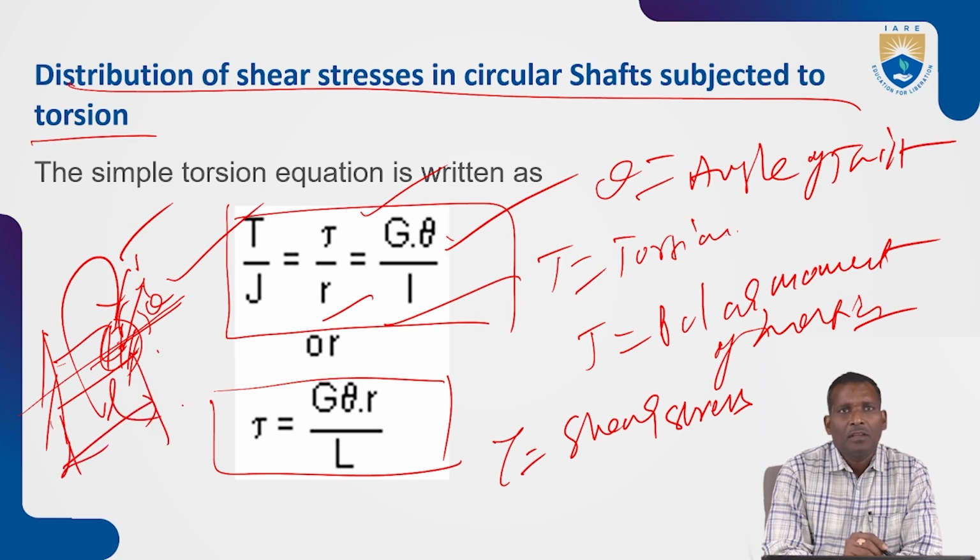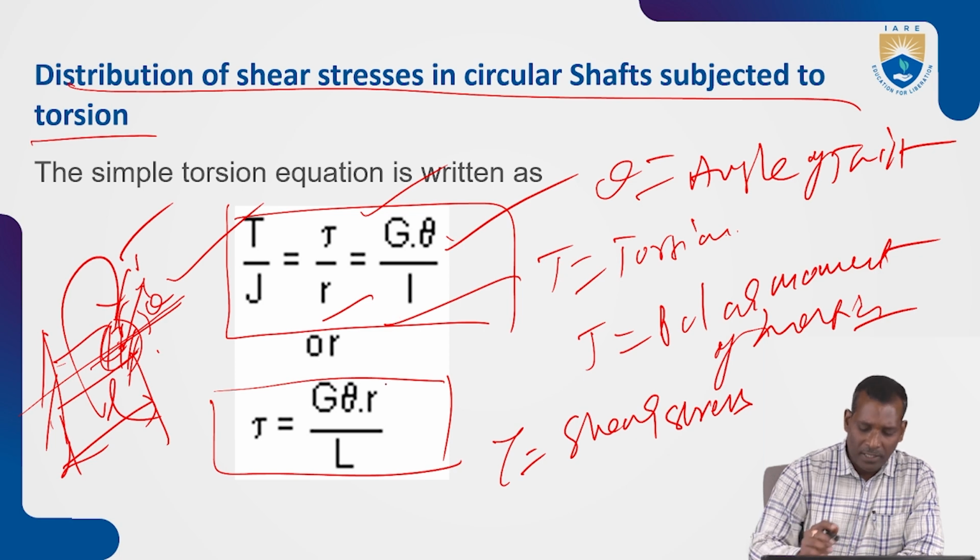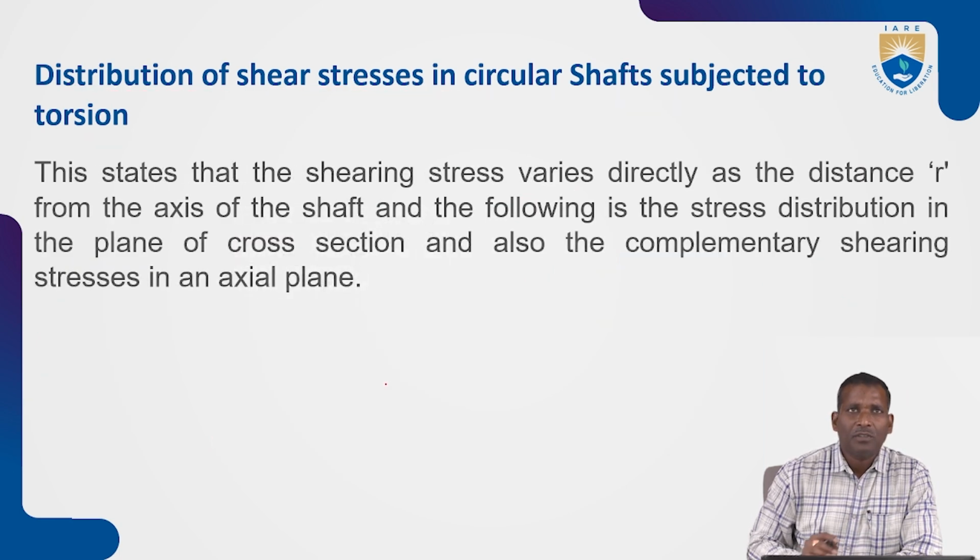Using this diagram, we already derived the simple torsion equation T by J is equal to tau by R is equal to G theta by L. The polar moment of inertia for a circular rod is pi d to the power of 4 by 32. G is the modulus of rigidity, theta is the angle of twist, and L is also known.